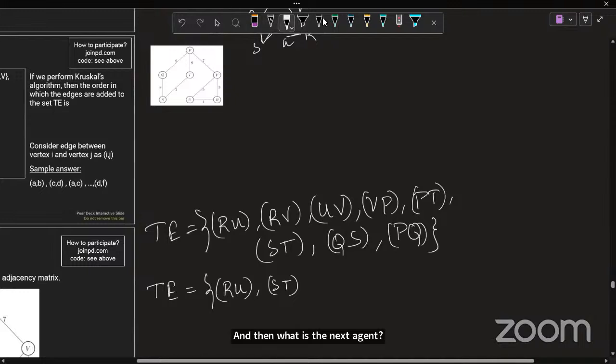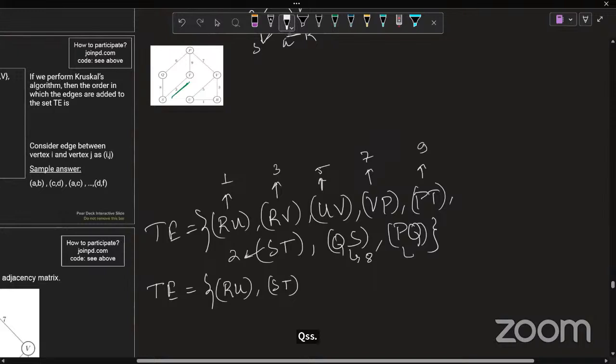Are you able to see this? Is it creating confusion? Wait, I will write the edge weights. It is 3, 5, 7, PT is 9, ST is 2, QS is 8, and PQ is 6.